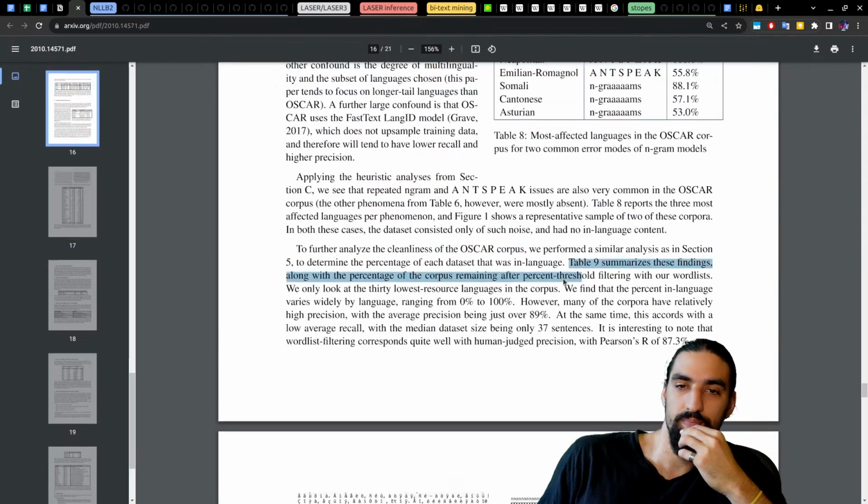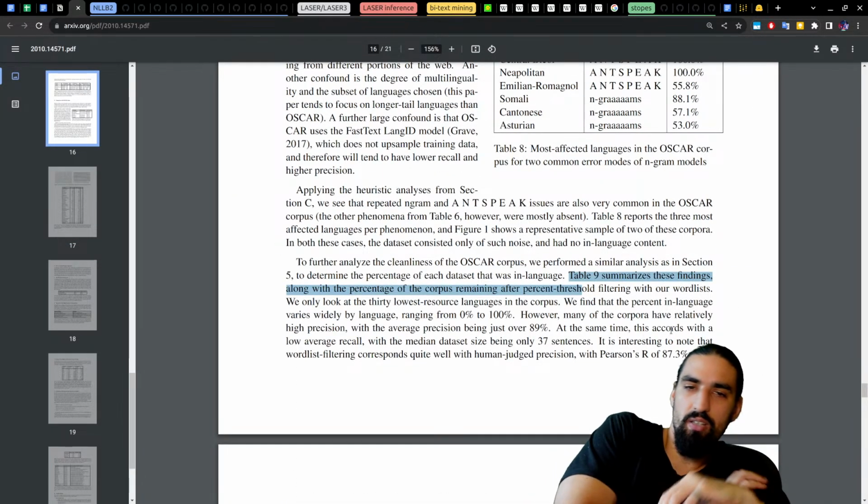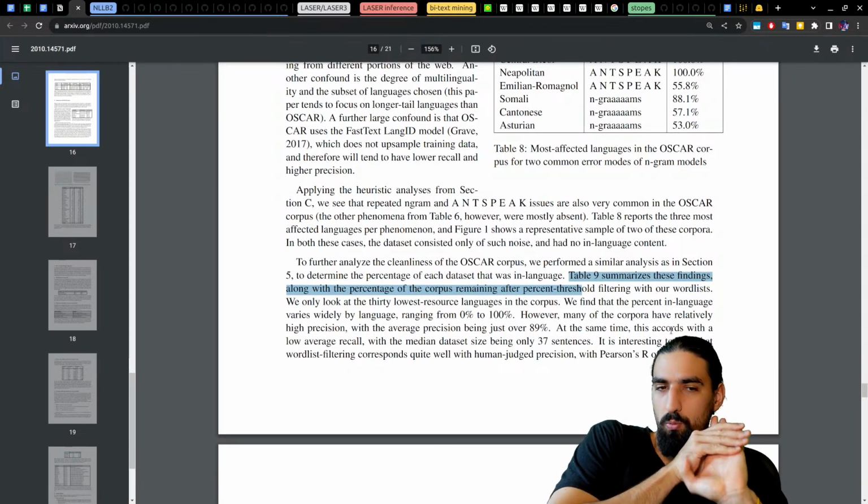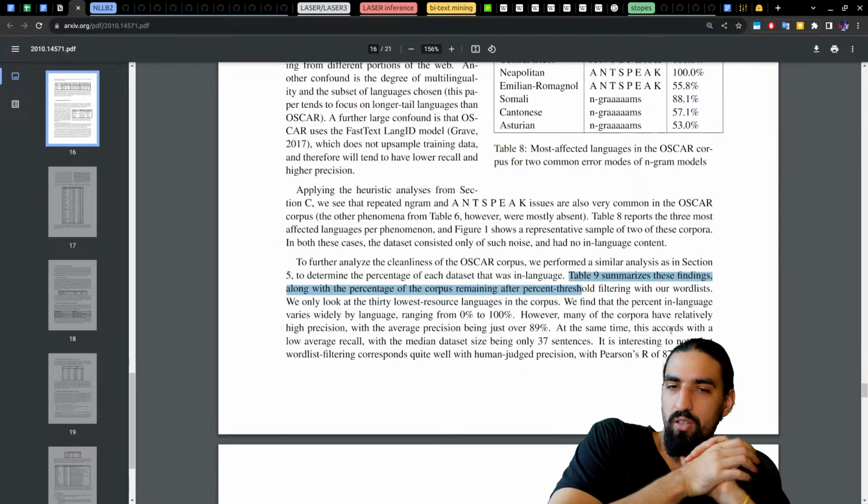Table 9. Summarize these findings along with the percentage of the corpus remaining after percent threshold filtering with our word lists. We only look at the 30 lowest resource languages in the corpus.